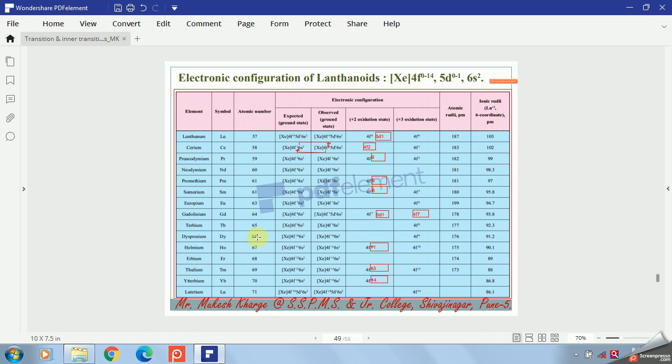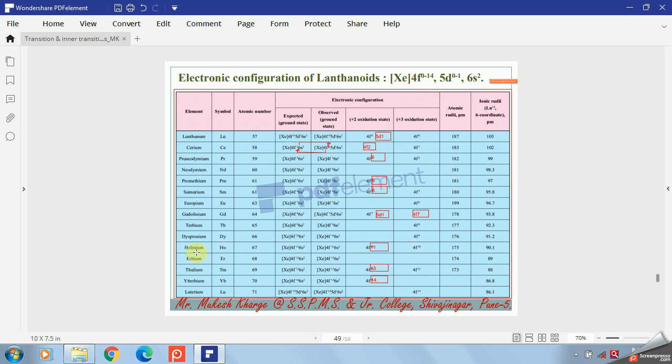Then dysprosium, Dy, 66 is the atomic number. The observed and expected electronic configuration is xenon 4f10 6s2. And if we donate 3 electrons, the electronic configuration is xenon 4f9.